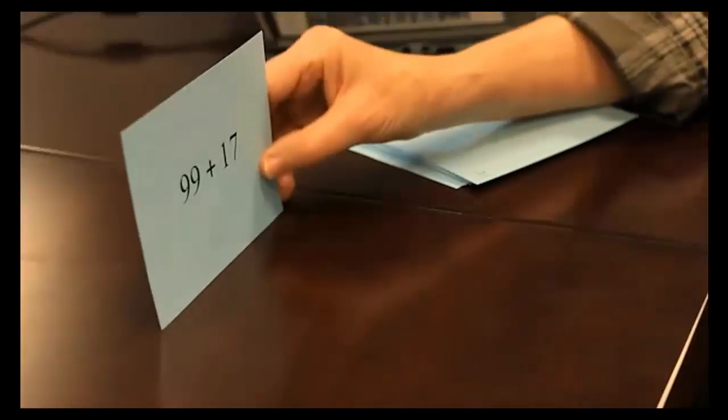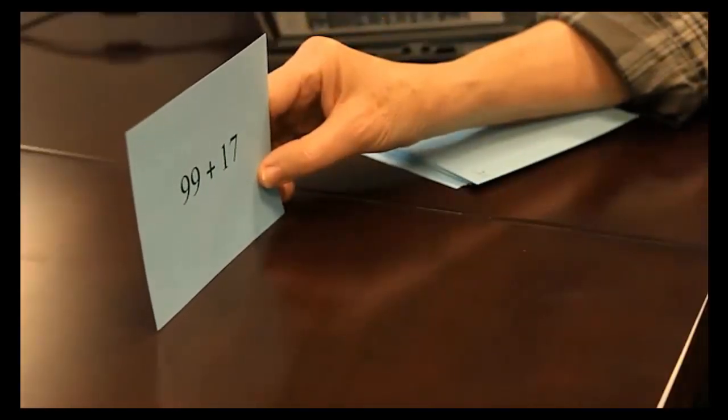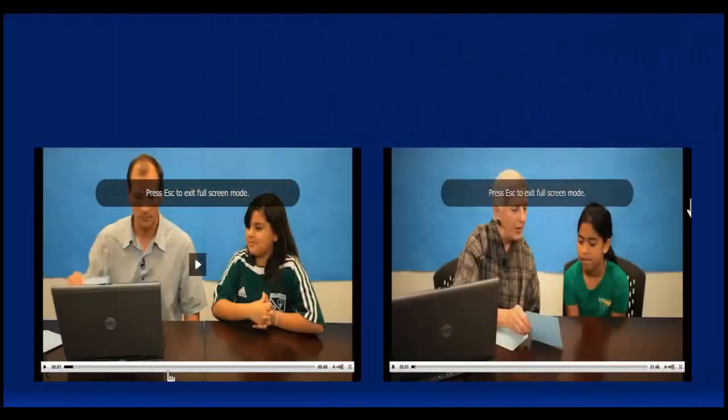This is an addition problem. 99 plus 17. 116. And how'd you figure out the answer? Because 90 plus 10 is equal to 100, and then 9 plus 7 is equal to 16, and then that equals 116. Thank you.